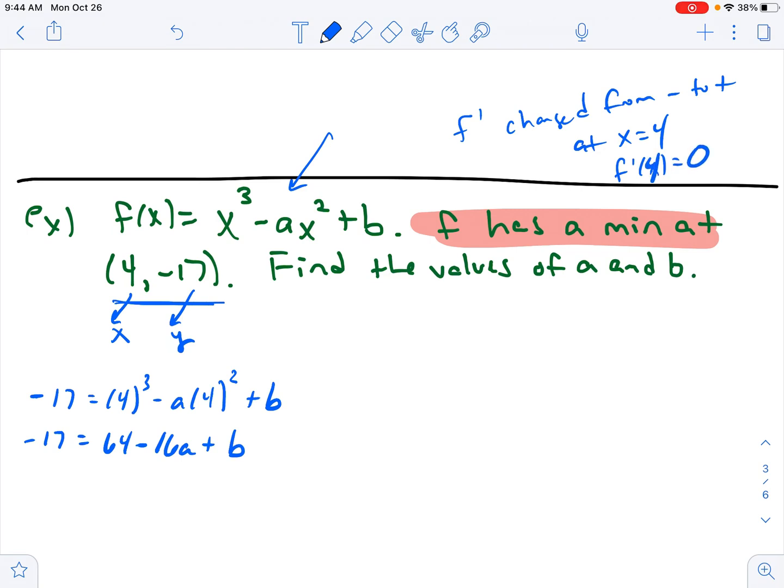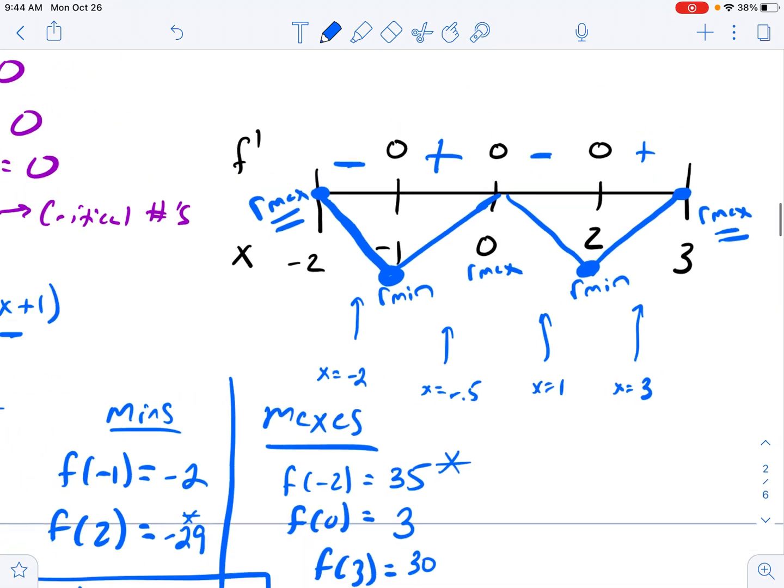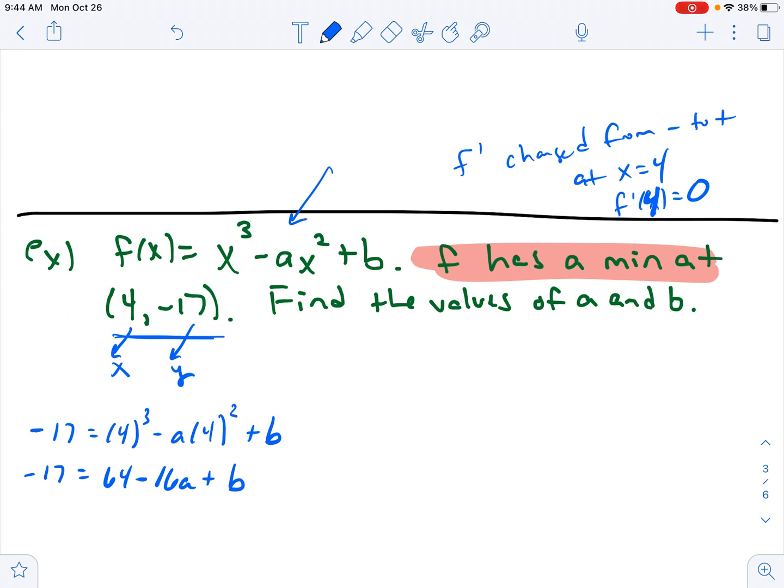Well, I guess it means the first derivative must have equaled 0 at 4. Okay? If we know the location of a max or min of a polynomial, we know the derivative must have equaled 0. Okay? And that was what was going on in these examples here. Setting the derivative equal to 0 and finding those max and mins at those sign changes. Okay? So again, here you got to understand the concept.